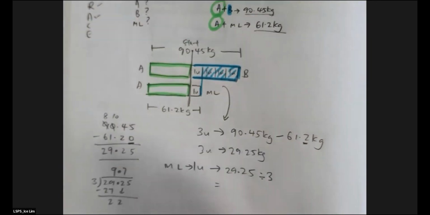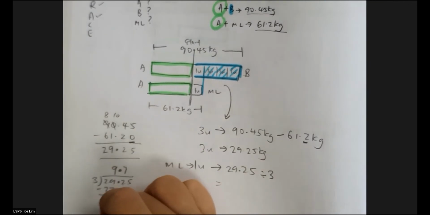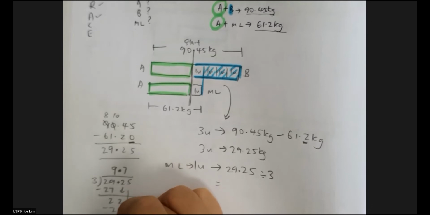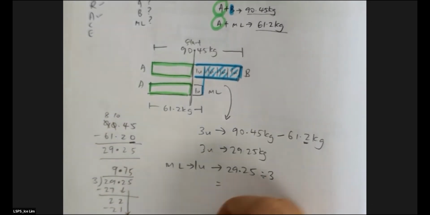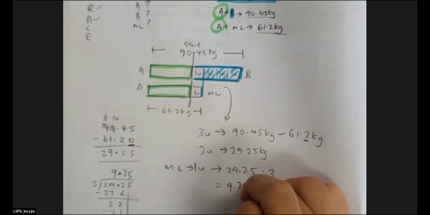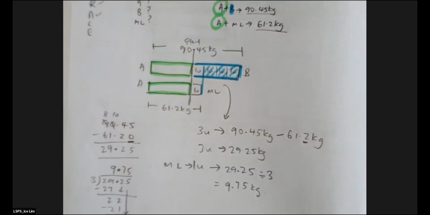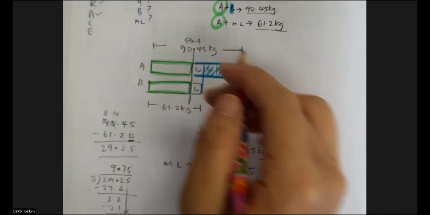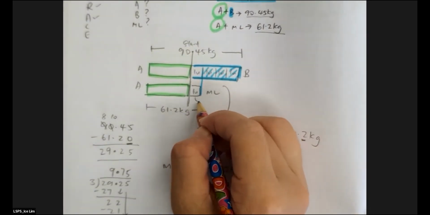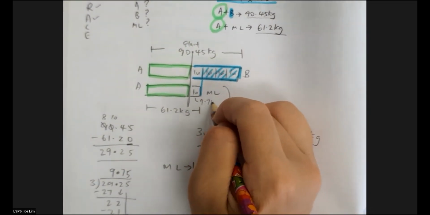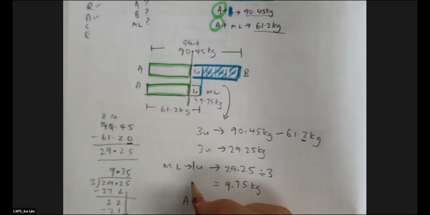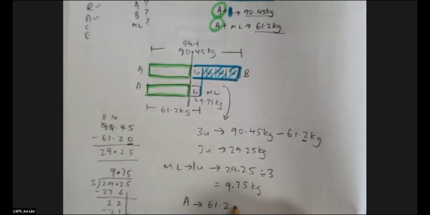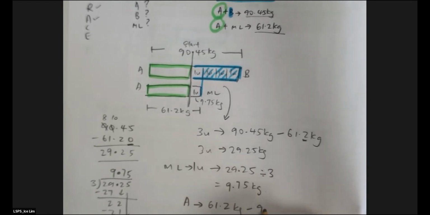Otherwise, it will be doing long division just like any long division number. So Mei Ling is 9.75 kilograms. With this, I'm able to find out Alice is 61.2 minus 9.75.